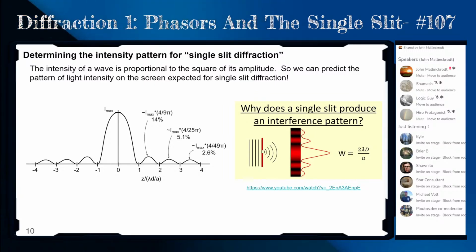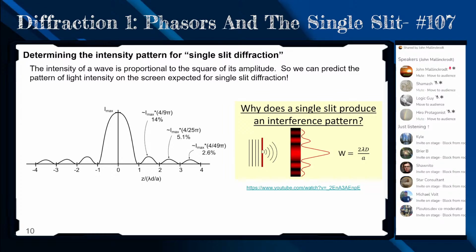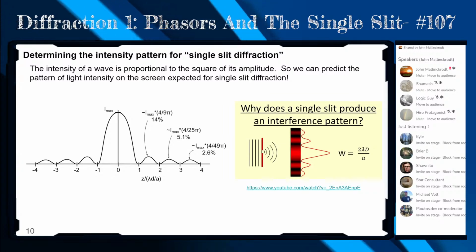When z is equal to lambda d over a, that's the 1, or the -1 if you want. When z is equal to 2 lambda d over a, that's 2, etc. And then you've got the half in between, the 3 halves, the 5 halves, etc. in between. So we can take those amplitudes and square them.